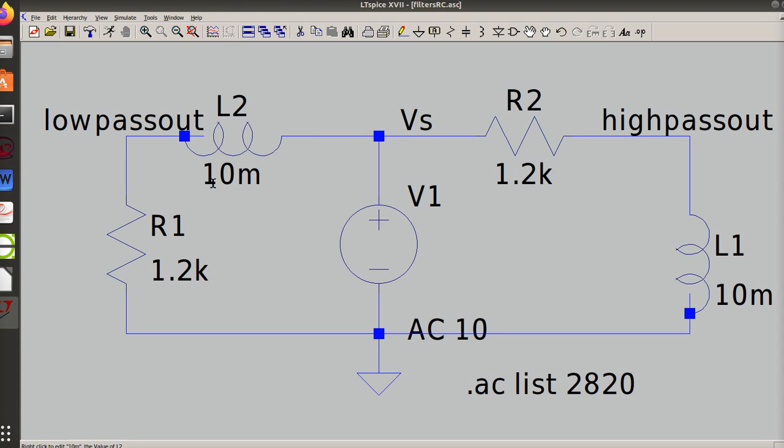Okay, and the other thing to think about is what is the impedance of your inductor at low frequencies. At low frequencies, the impedance is very low. So you'll get more voltage drop across your R1, so you will get more voltage out at low frequencies.